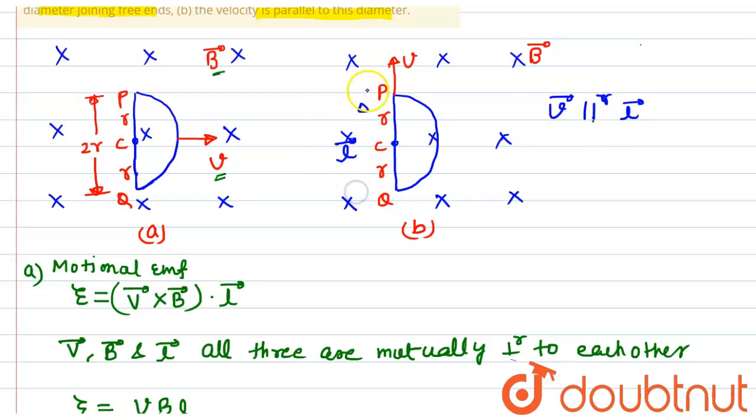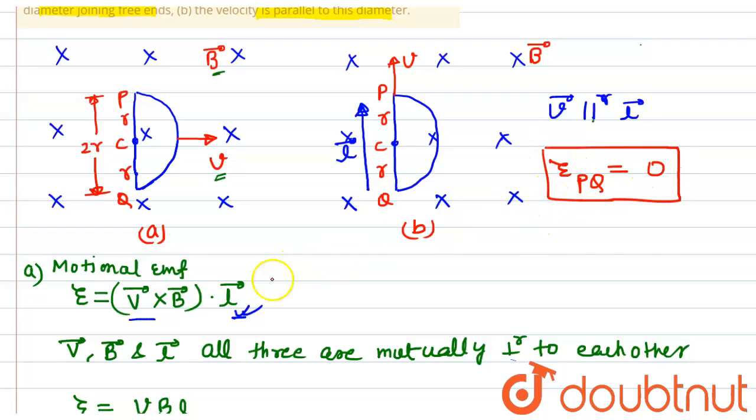We have already said that the EMF is basically a triple scalar product, so if any two physical quantities are parallel, then the EMF will be 0. So according to this situation, the EMF developed across PQ for this second case will be 0, because V and L are both parallel to each other.